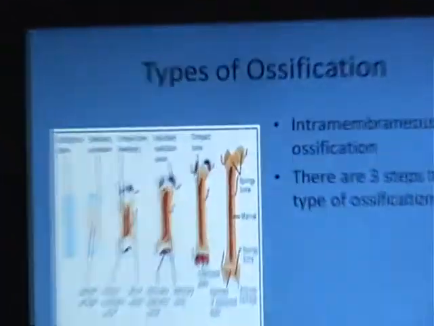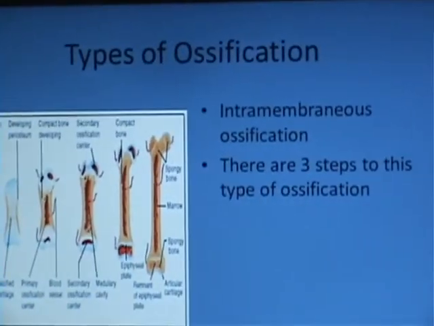There are 3 steps to intramembranous ossification. First, mesenchymal tissue gets engaged in a certain activity again and again, and then the cells differentiate into osteoblasts, which form into clusters and start secreting the organic component of bone matrix, which then starts to materialize.